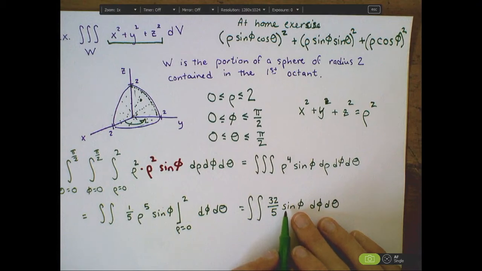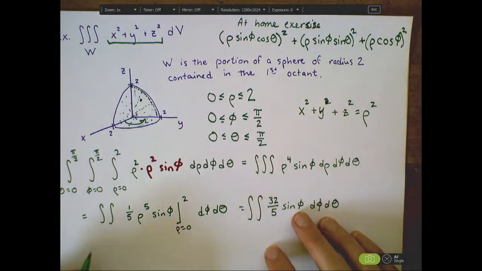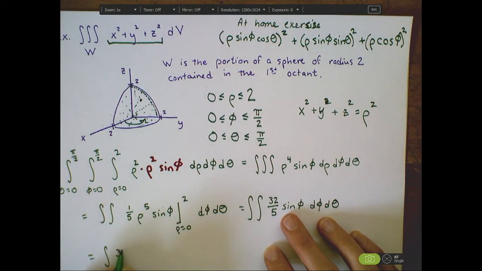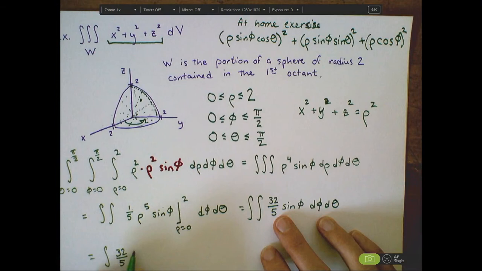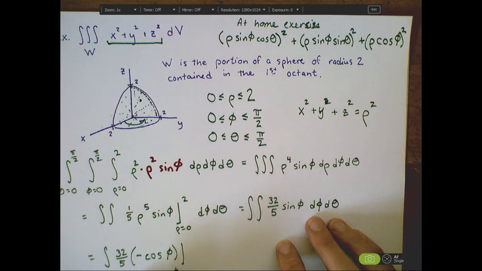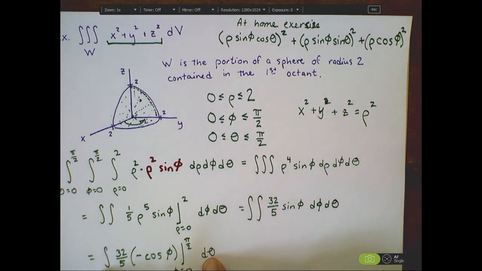So in our next step, let's integrate this with respect to phi. I know that the integral of sine is negative cosine. So I'm left with 32/5. I could pull this constant out front of the integration if I wanted to, times negative cosine of phi, evaluated as phi goes from 0 to pi over 2, with the outer integral.